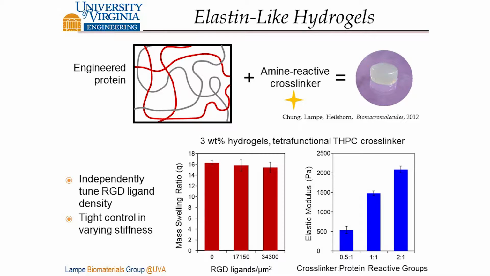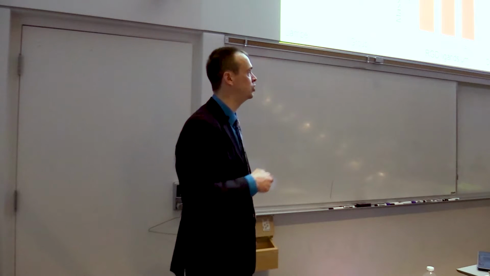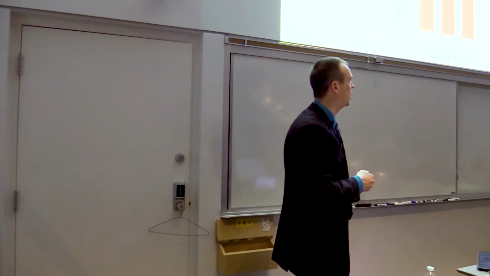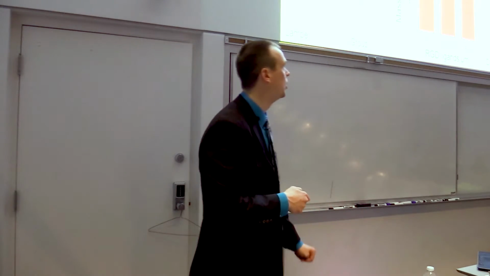And we can independently change, like good engineers want to do, mechanical properties, such as mass swelling ratio, for instance, while manipulating the concentration of that cell adhesive ligand, RGD. No change in the mechanical properties, big difference in RGD. Alternately, we can change the mechanical properties by changing the ratio of cross-linker, but not change anything about the number of RGD ligands that are present and available to the cells.